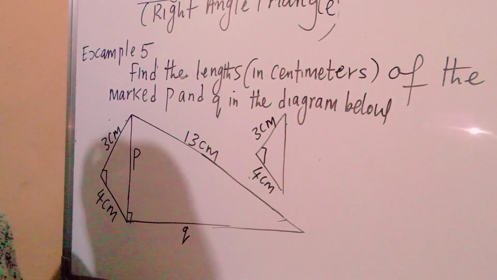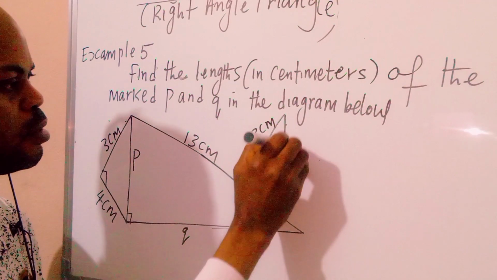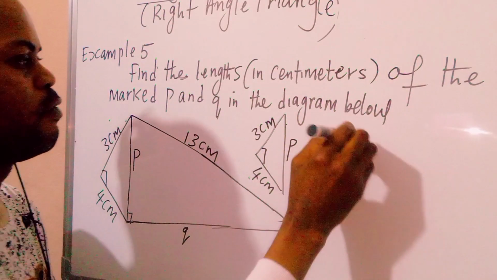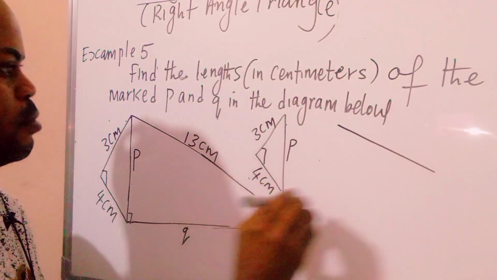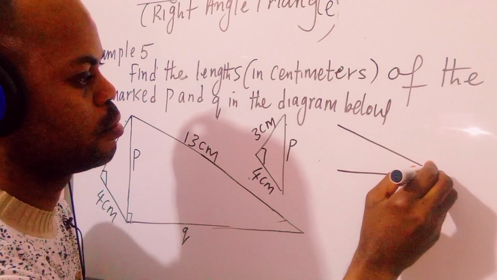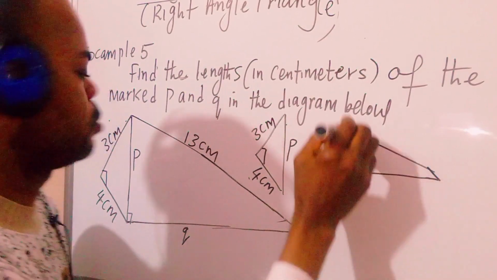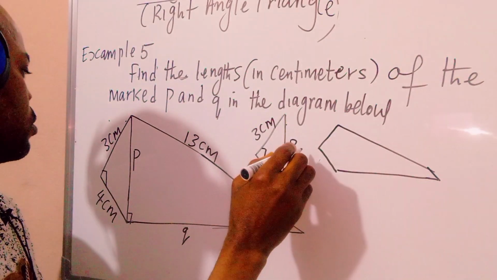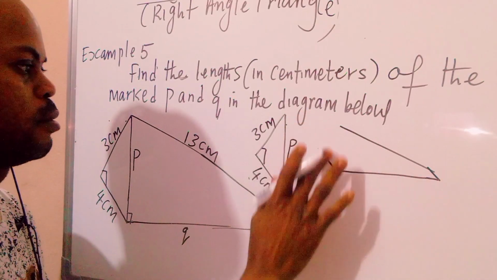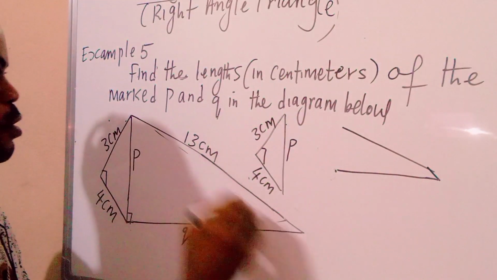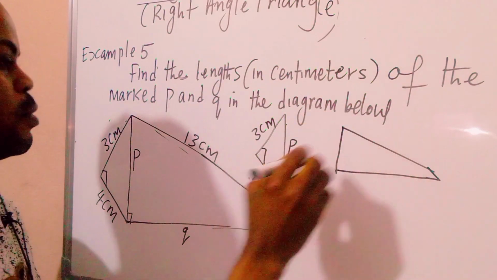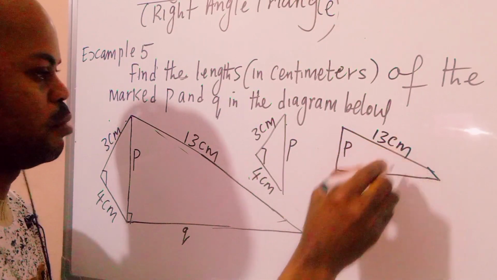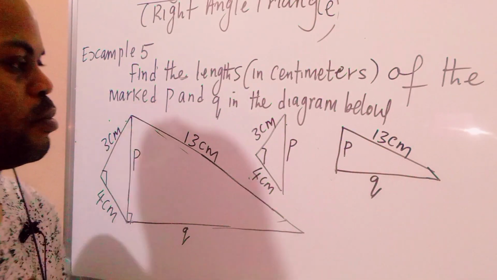And right here, on the longer side of the triangle, you have P. Then taking the other side of the triangle, you're going to have this side, and then little p. Then on this side, you have 13 centimeter, and right here you have little q.